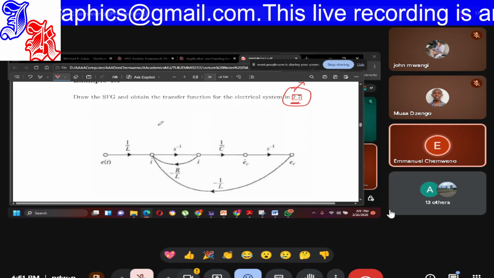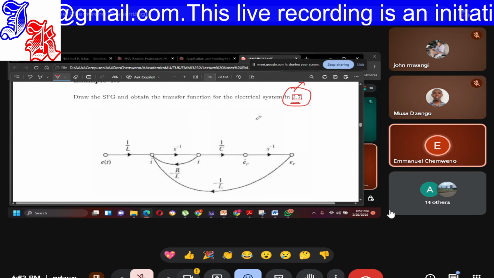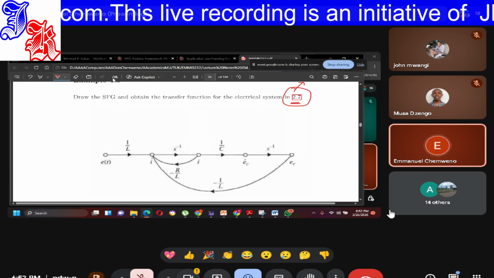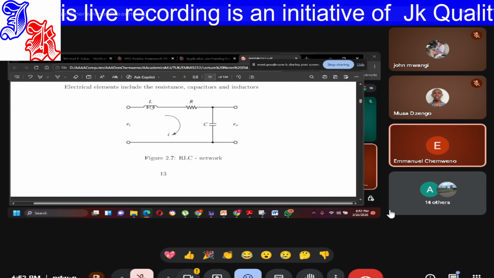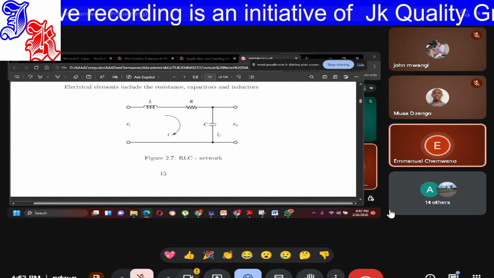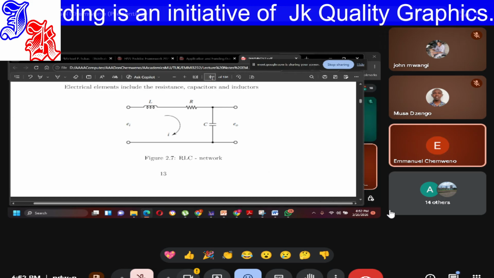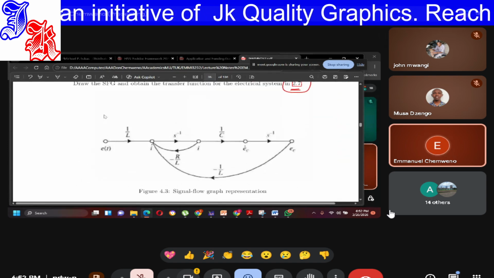Let's look at that figure 2.7 first, and then I come back to this page. Oh, LRC. So it is LRC.